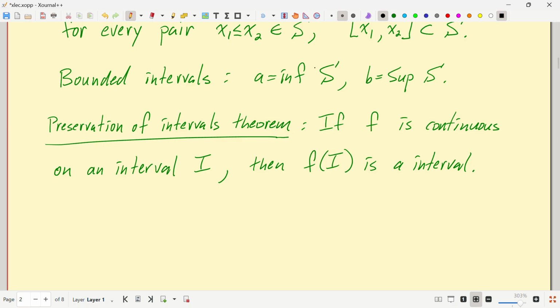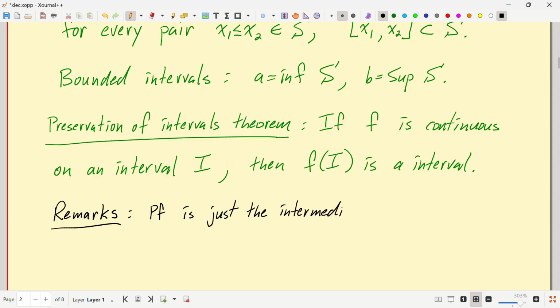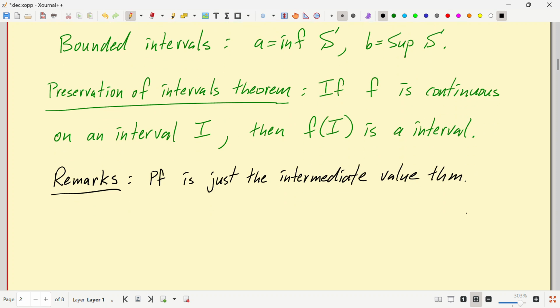So, remarks. The proof is just the intermediate value theorem, and this notion of convexity that we have now in the one-dimensional case. And the closed to closed is the only easy case.